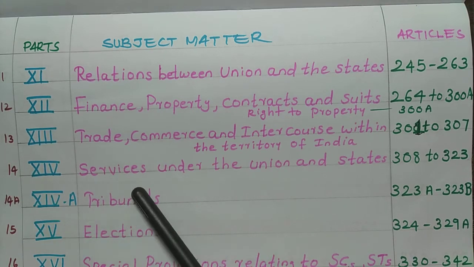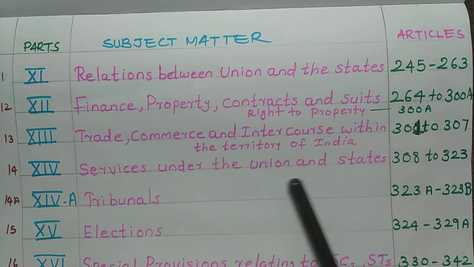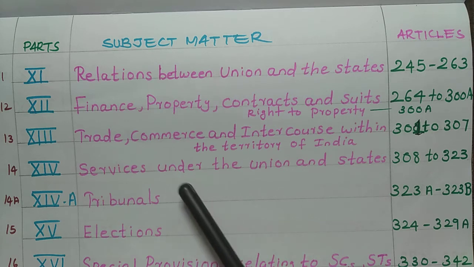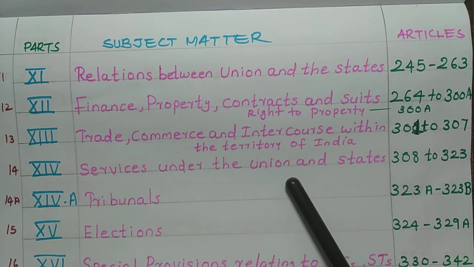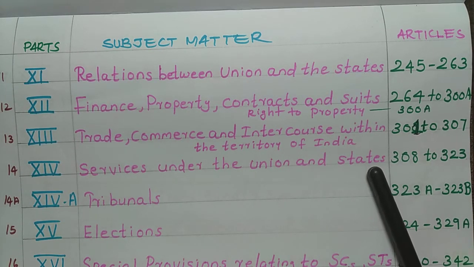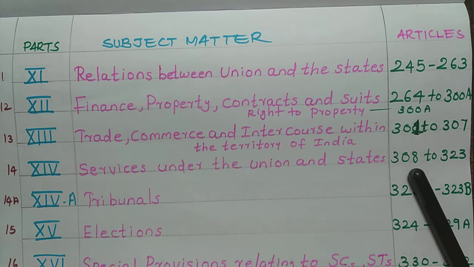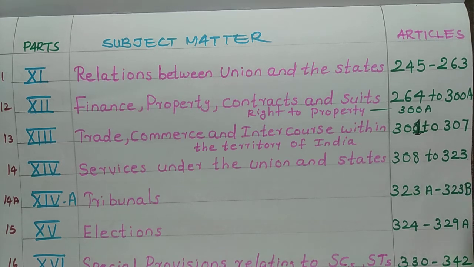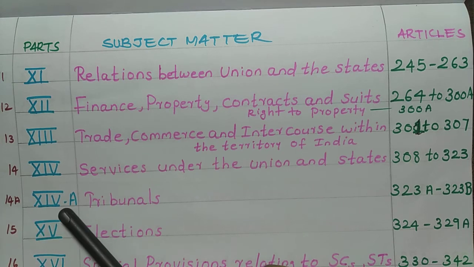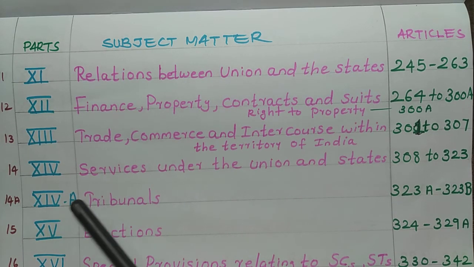Part 14, services under the Union and states. Part 14 describes the services under the Union and states. That means services under the central government and state government. The related articles are 308 to 323. Part 14A, this is also an amended part.